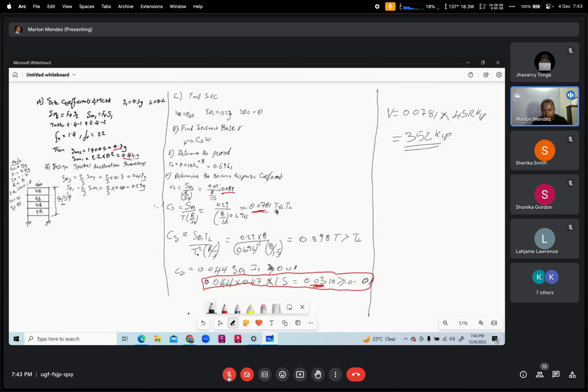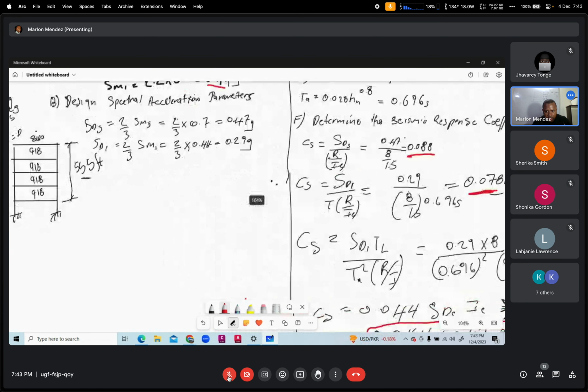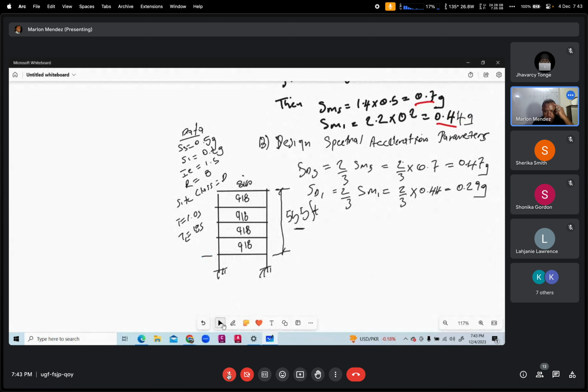All right. So the next thing now is to distribute this shear force over each story. You get what I'm saying? We want to ensure that we distribute the loading over the stories.